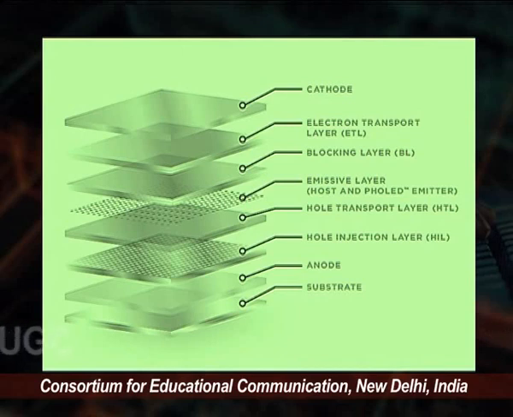Above the hole injection layer is the hole transport layer, and above it there is an emissive layer, where the light is emitted. Above it there is a blocking layer which blocks the movement of the electrons inside the emissive layer. So this is the basic structure of the OLED, which consists of a cathode and anode on the substrate, and in between we have the various organic layers.